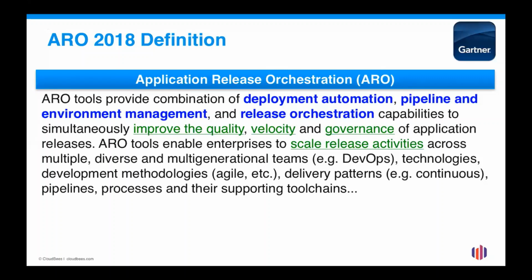Will we control when they go and when they transition? How will we control that? If there are many releases, which one has the priority, and how will it be managed in the environment? This is release orchestration.